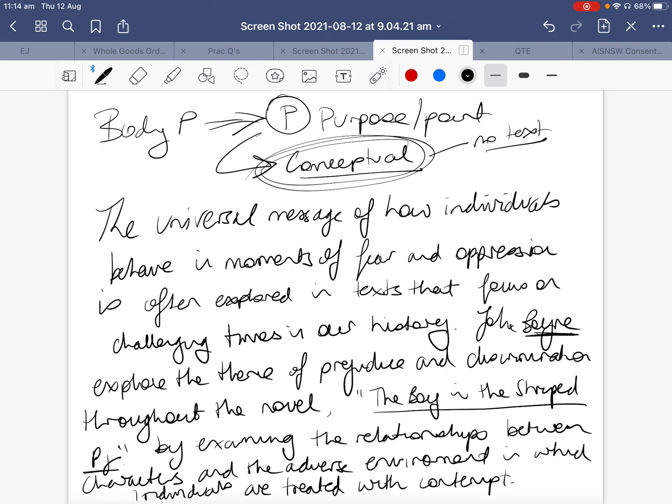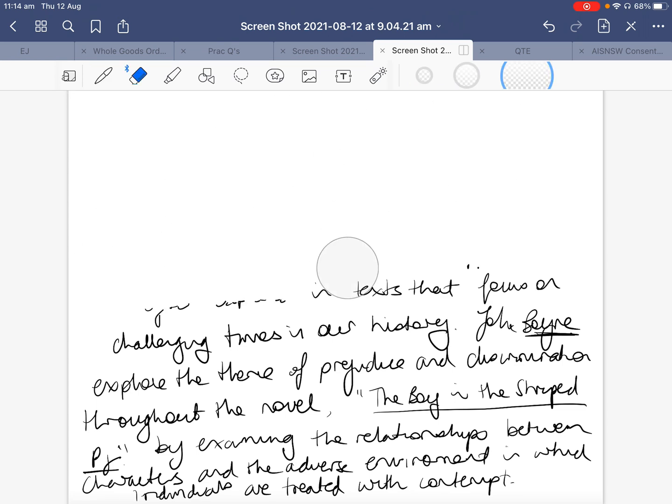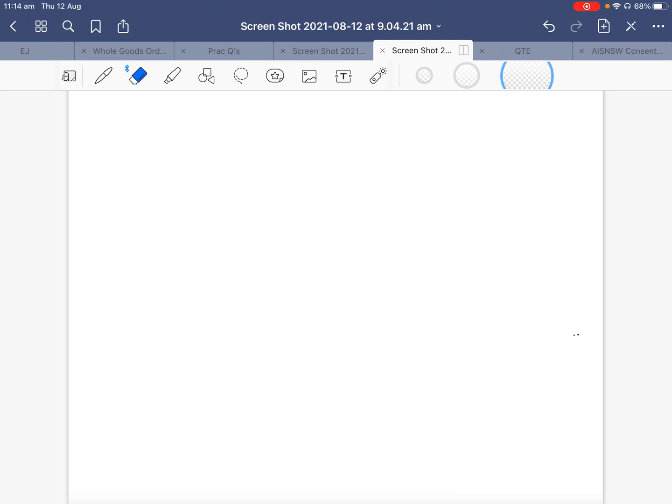Okay, so that is a good way to start your paragraph, but now we need to think about what examples are going to fit nicely with that purpose sentence. All right, so let's just do a bit of a brainstorm. Okay, so if we're looking at prejudice and discrimination, these are the ideas.